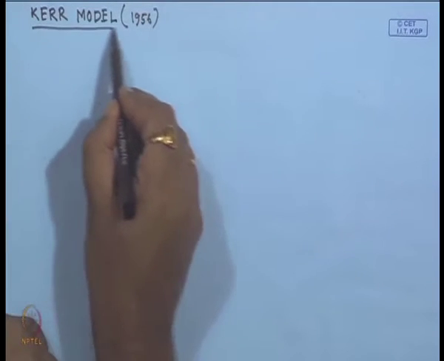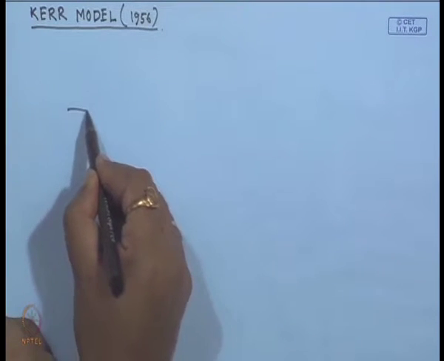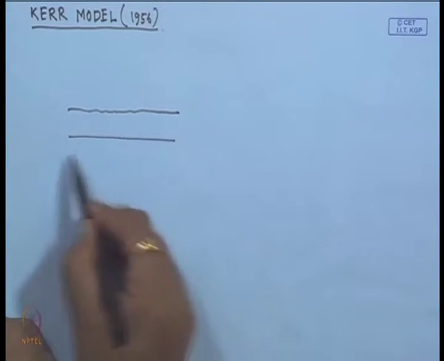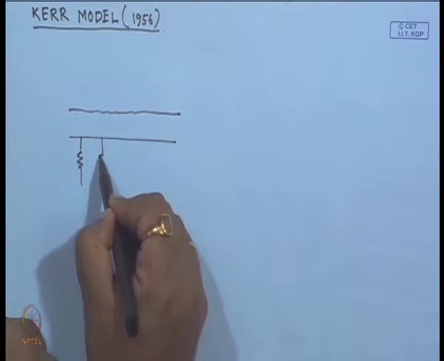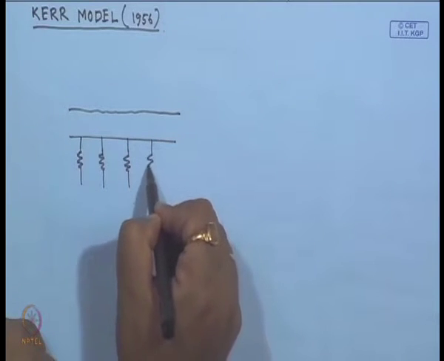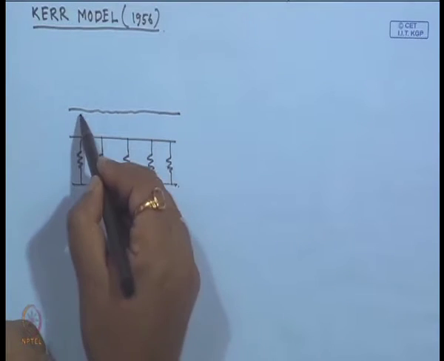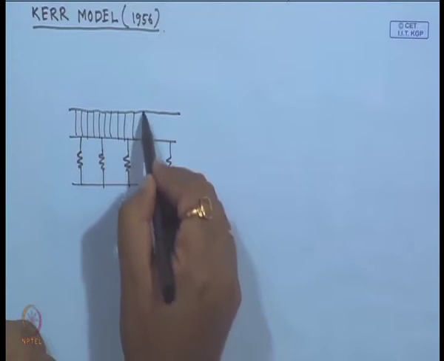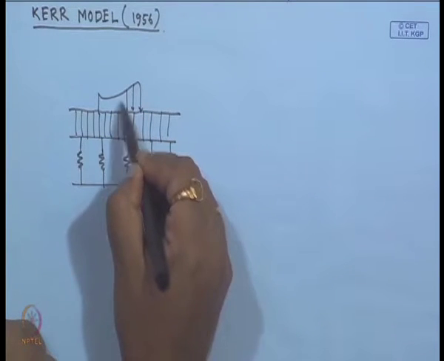In the last class I discussed the Pasternak model, where suppose this is the surface and this is the shear layer, and these springs are connected by this shear layer, and loads are applied on this layer.